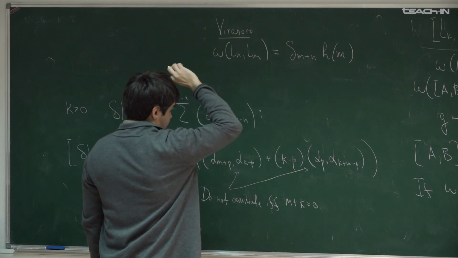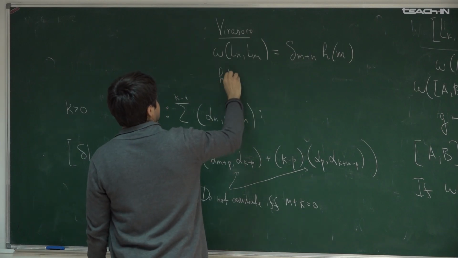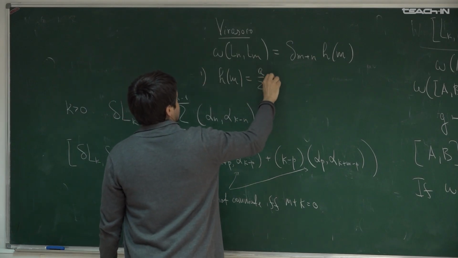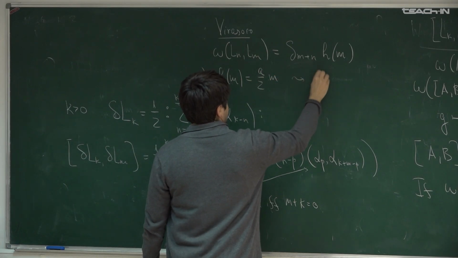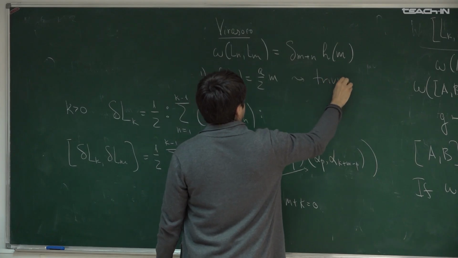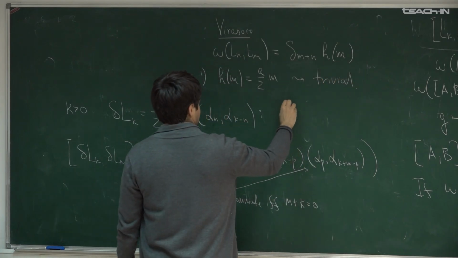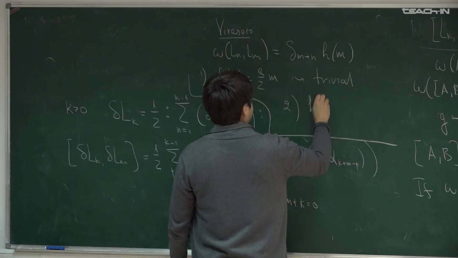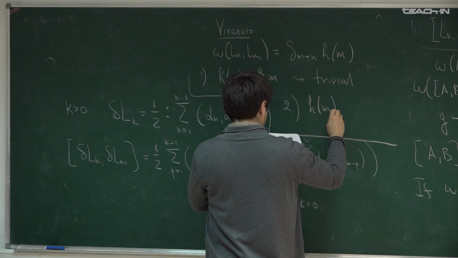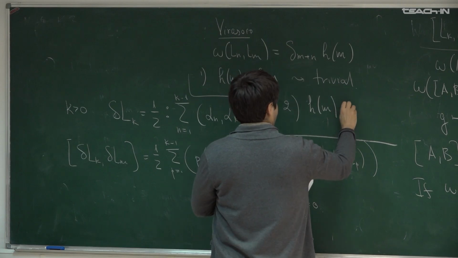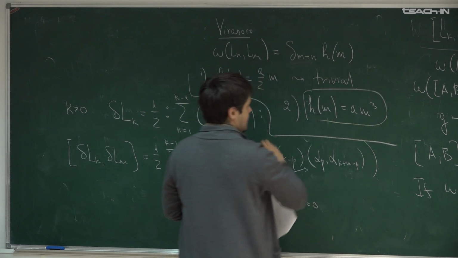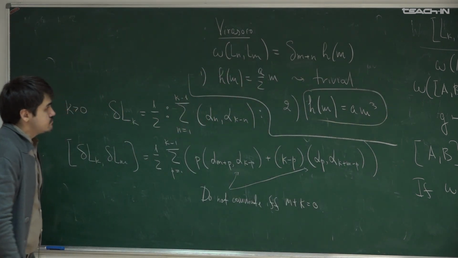You can check that h of m linear is a trivial cocycle, but h of m cubic is a non-trivial one. And there are no other ones.